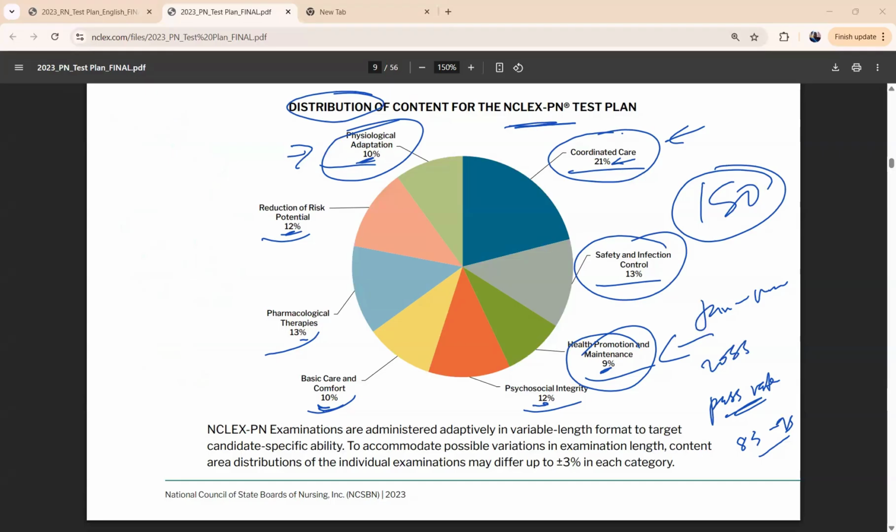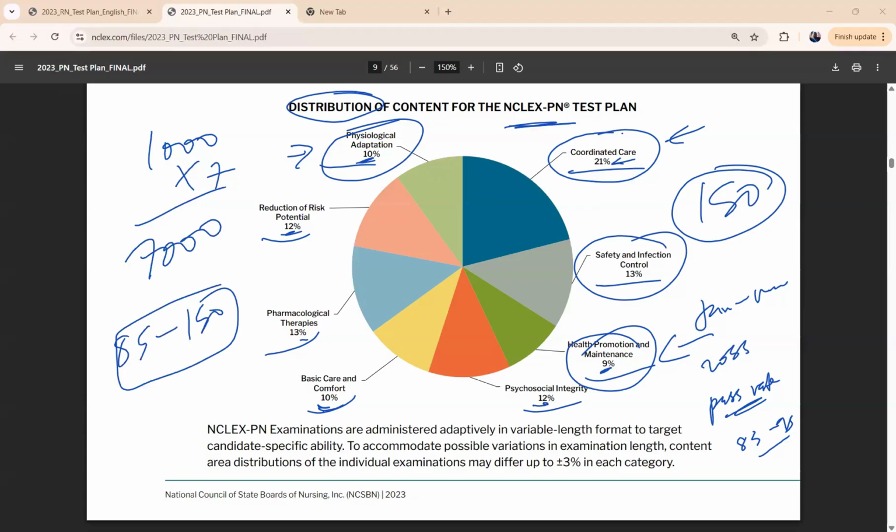Let us say each of those programs has a 1,000 question bank. Multiply by 7. That is 7,000 questions in order to answer 85 to 150 NCLEX questions. And you are telling me after 7,000 questions, that student is unable to pass on her 8th attempt? She still failed on her 8th attempt. So it's not about the question bank. That's why I always say, don't skip the process, right?